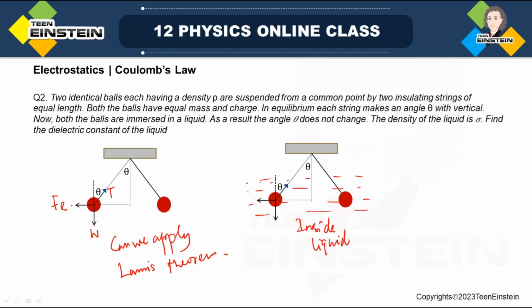So we can directly write Lamy's theorem for this, but let me first make you aware that the same setup is kept twice: one is done in air, and another in liquid. When it is in liquid, W will be W minus W prime. Sorry, W will be something else, not the exact value of the weight, because the liquid will have some buoyancy force.